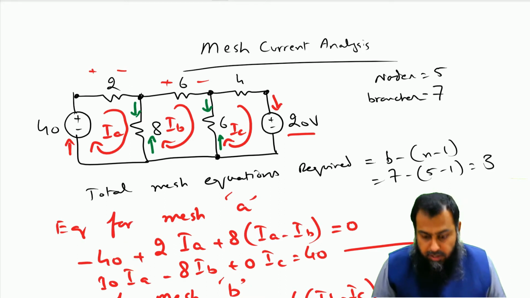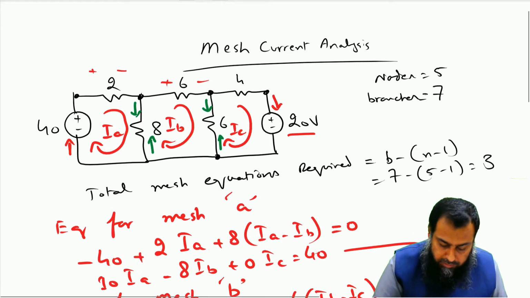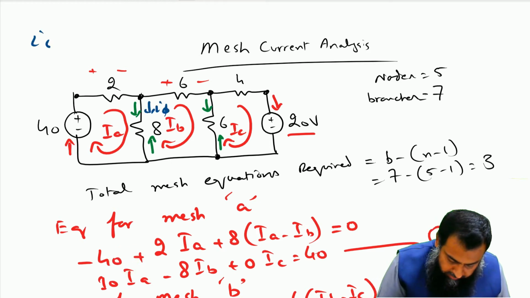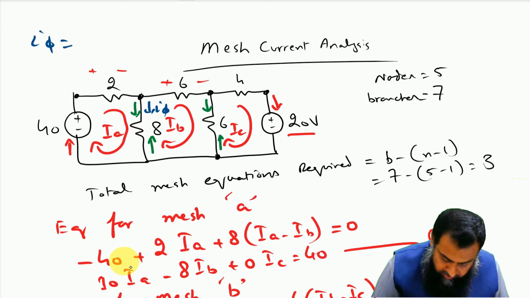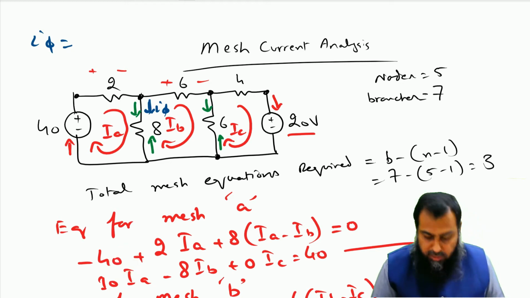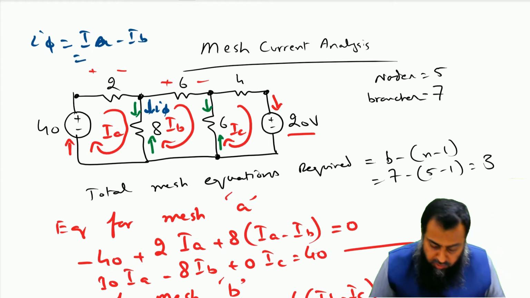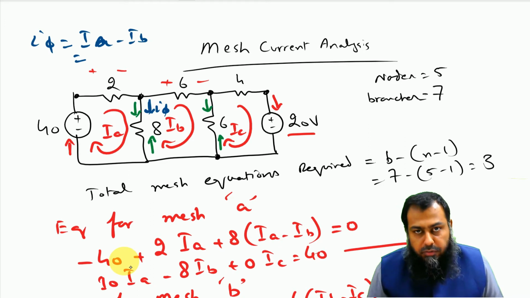However, for the actual current flowing through this 8 ohm resistance, if I want to compute what this I phi is, because this is in this direction, in harmony with IA, it is equal to IA minus IB. That will be the actual element current flowing through this 8 ohm resistance.